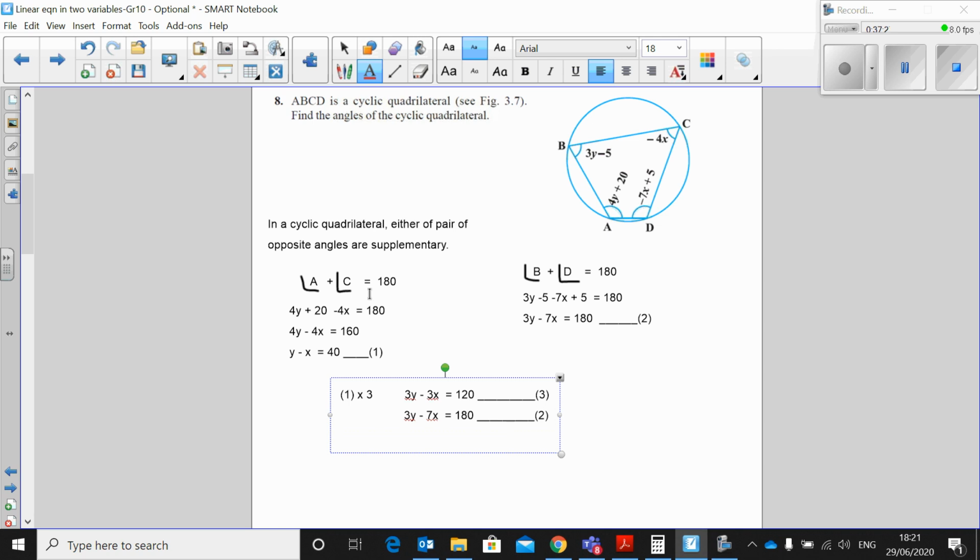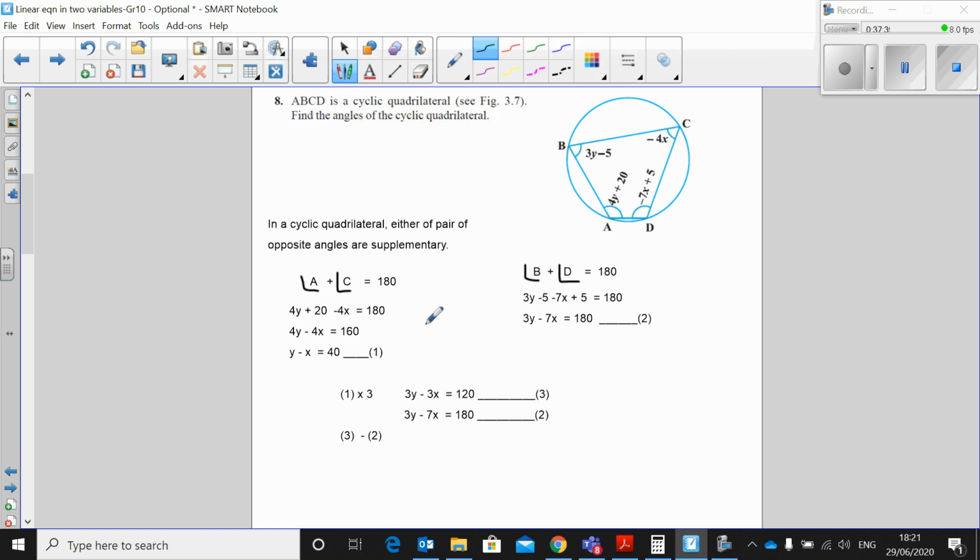Now let us add or subtract. Equation 3 minus equation 2, because 3y and 3y both have the same sign. When it is the same sign, please subtract. When you subtract, the sign will change. 3y minus 3y, and this has become plus, this has become minus.